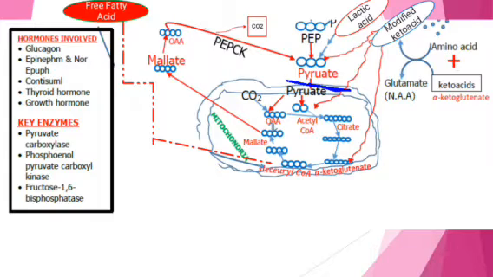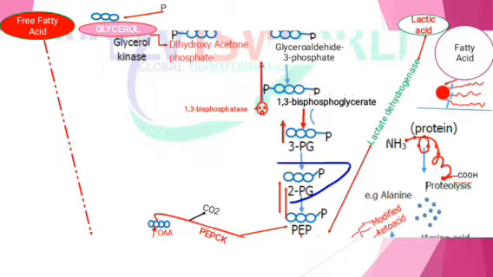You can see that lactic acid is being converted into pyruvate. Recall that in an anaerobic condition, pyruvate is converted to lactic acid by an enzyme known as lactate dehydrogenase, which is written here.